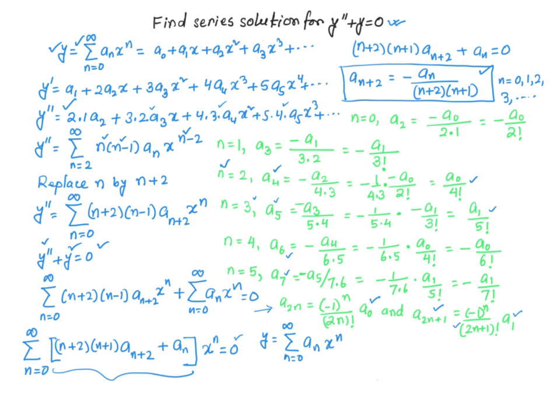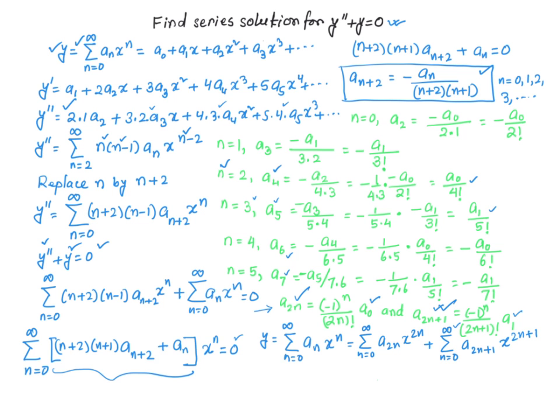Now I can break it into two pieces: summation n is equal to 0 to infinity a sub 2n times x to the power 2n, plus summation n is equal to 0 to infinity a sub 2n plus 1 times x to the power 2n plus 1. What I have done here essentially is taken the even terms together and the odd terms together. Why have I done that? So that I can plug in this value and this value.